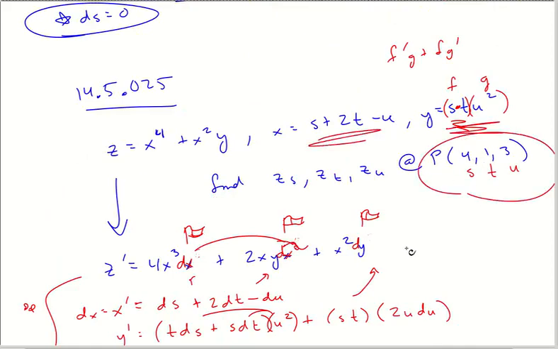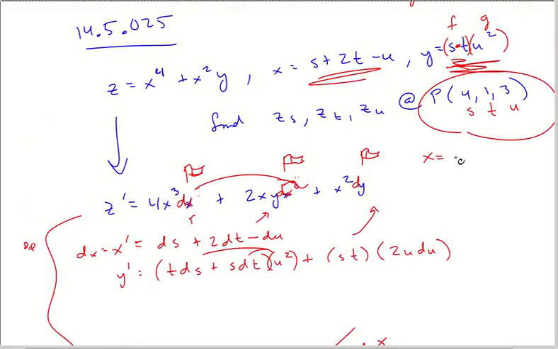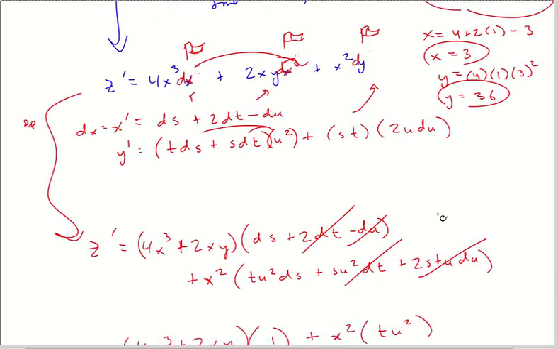Really, real quick, I'm going to write on the side here, x would be equal to 4 plus 2 times 1 minus 3. So 4 plus 2 is 6, minus 3 is going to be a 3. My y is going to be 4 times 1 times 3 squared. So that's 9 times 4 is 36.